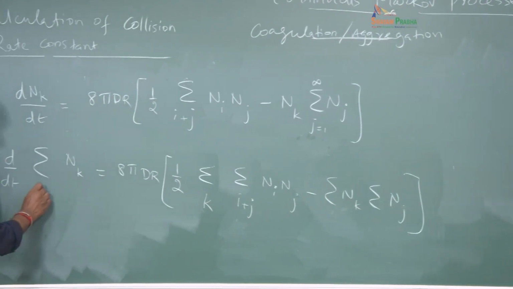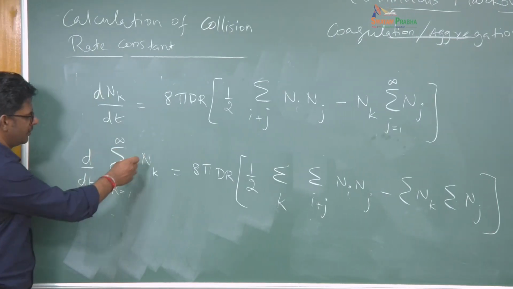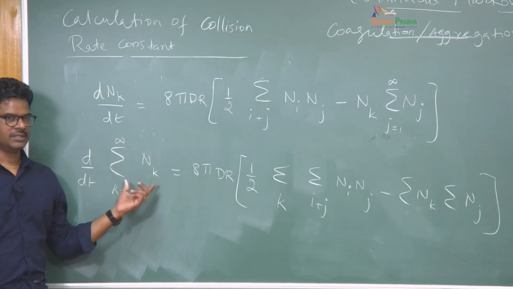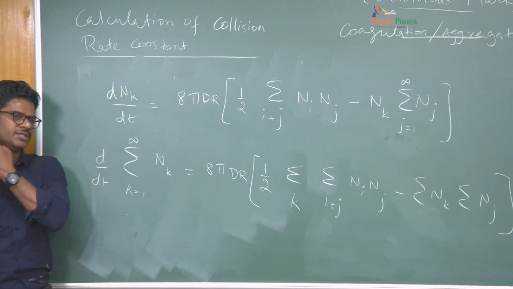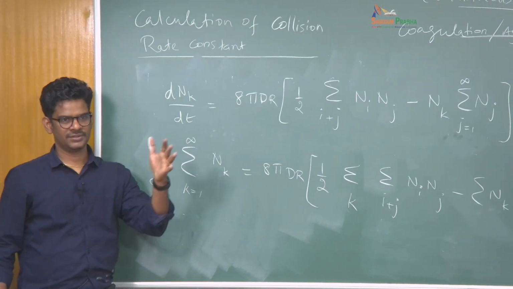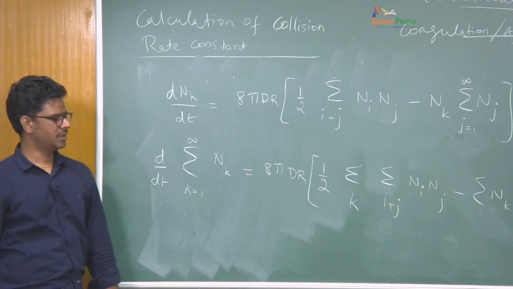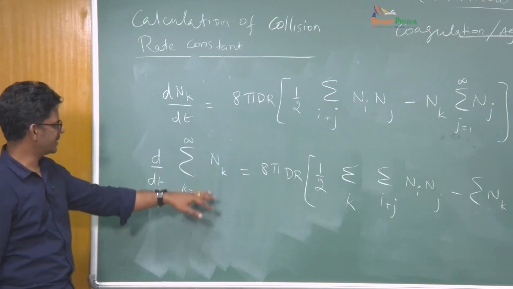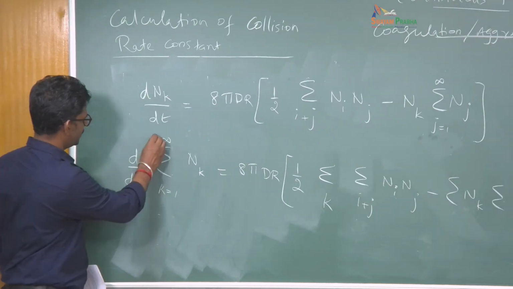So here we are summing over k equal to 1 to infinity. This concentration will decay, because there is a continuous aggregation happening. So we will call this entire term n.